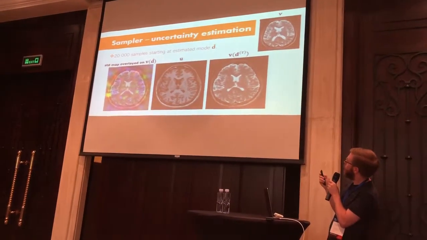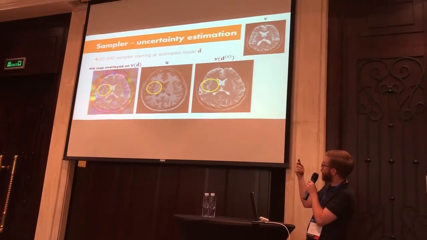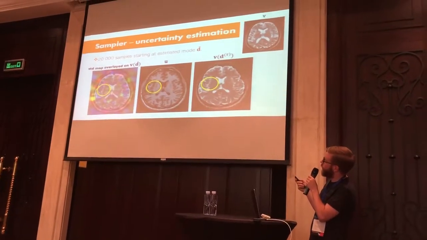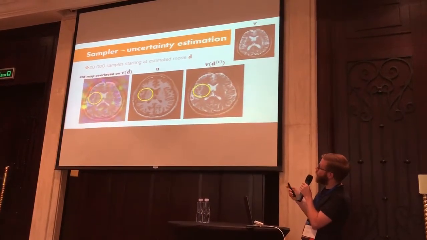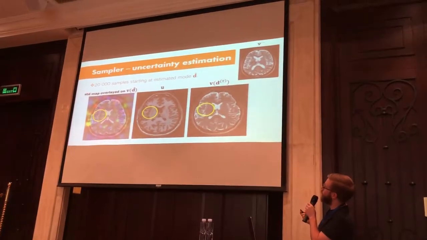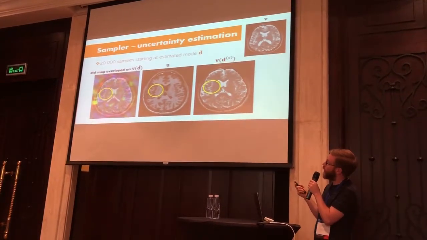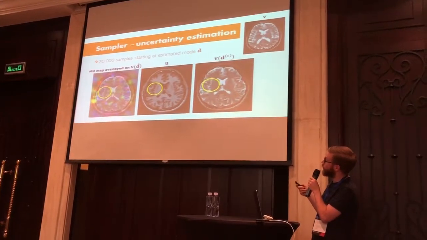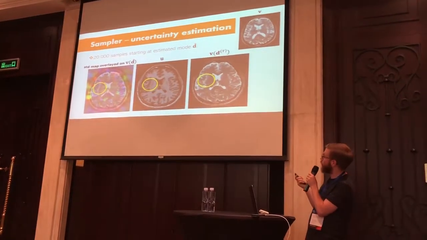What you can see here, for example in this region, is that the EM estimated deformation field, the estimated mode of the deformation field, is quite well registered. And we can see that the samples are not changing a lot in this location.